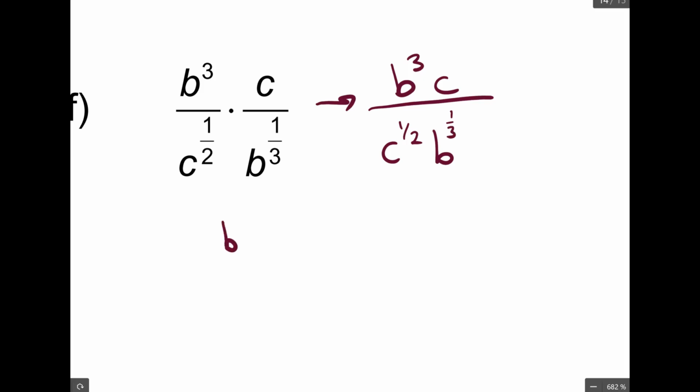So I have b to the 3 minus 1/3, right? Because it's the top numerator's exponent minus the bottom denominator's, times c to the 1 minus 1/2. All right, so 3 minus a third is the same thing as 9/3 minus a third.